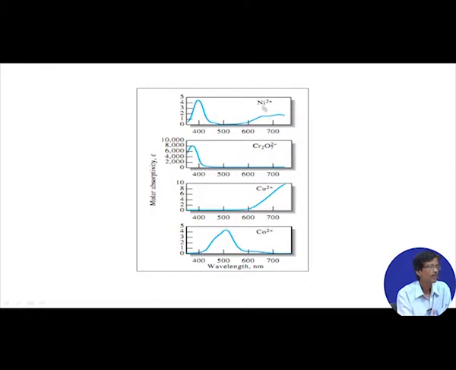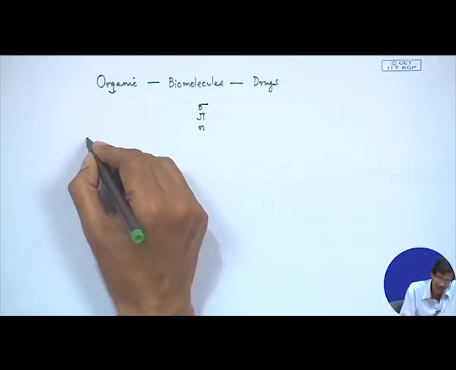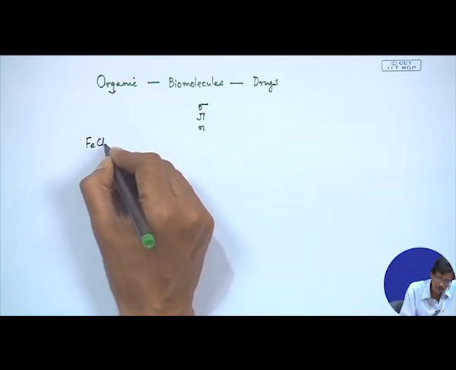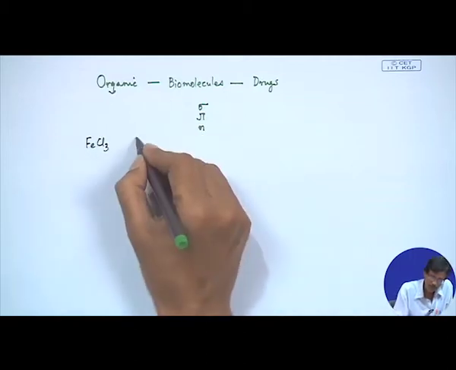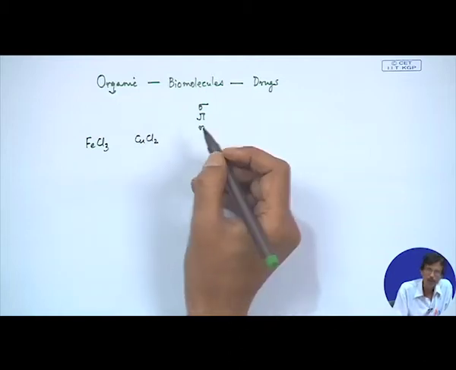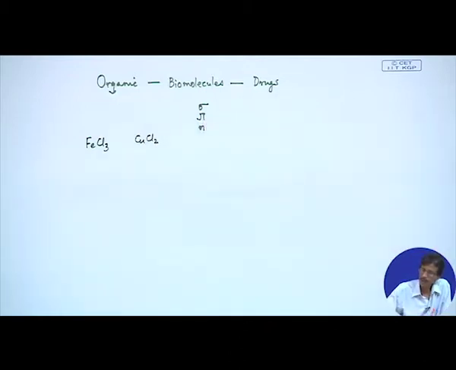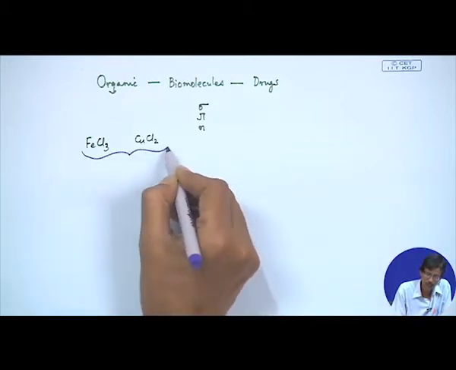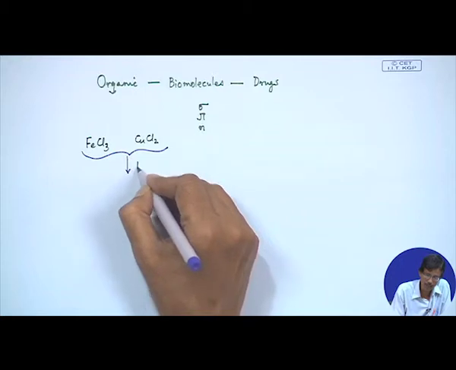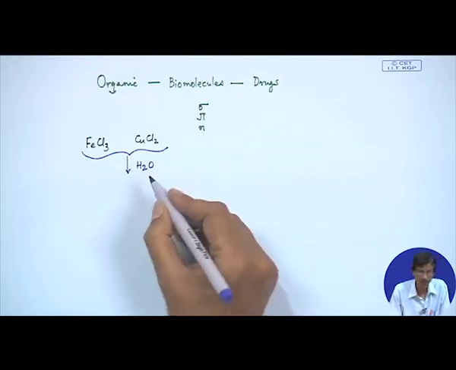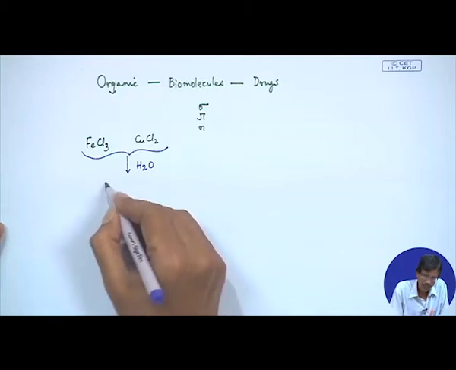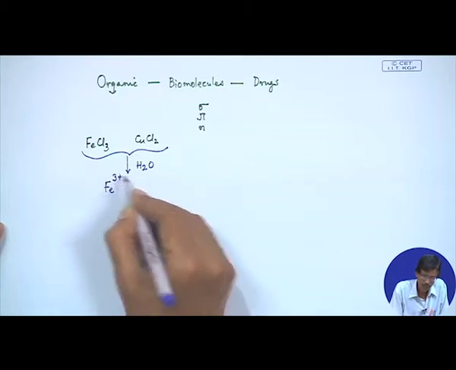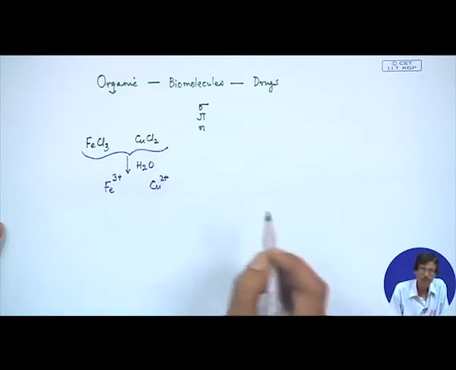These metal ions, say, are nickel, chromium, copper and cobalt. We all know a simple standard transition metal salt like ferric chloride or copper chloride. When these metal ions are available from these salts by dissolution in water medium, we know from our school days knowledge that they give rise to Fe3 plus and Cu2 plus.